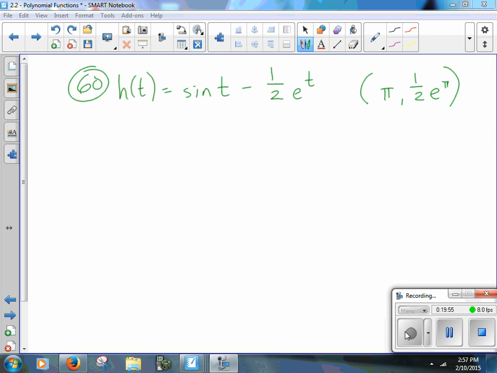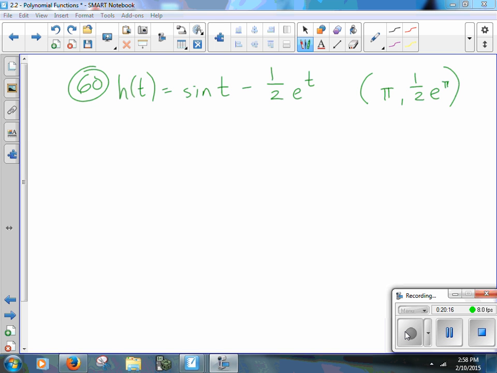All right, now look, the instructions for this one, 60. Says find an equation of the tangent line to the graph at the given point. Okay, you ready? All right, so what do we have to find?